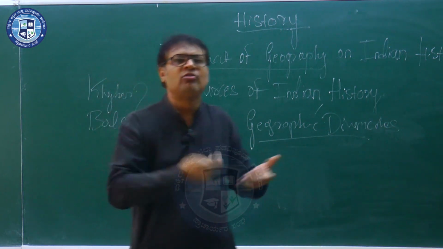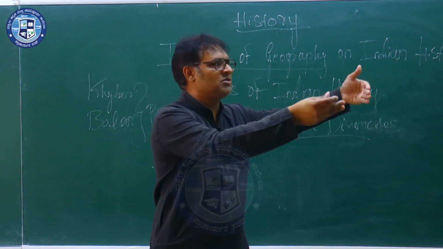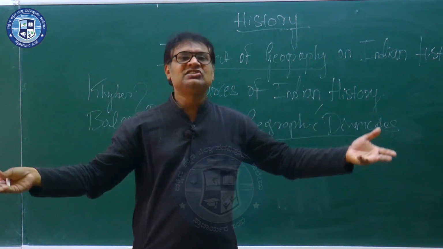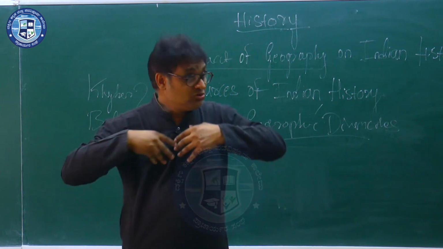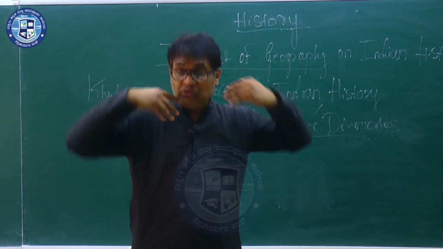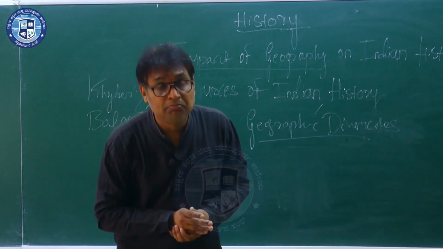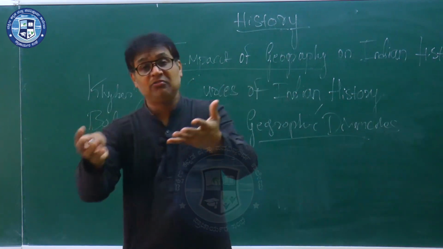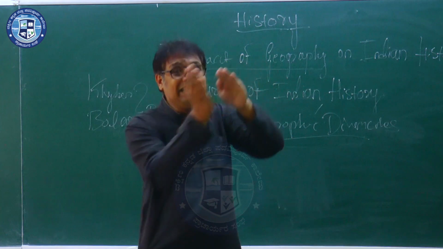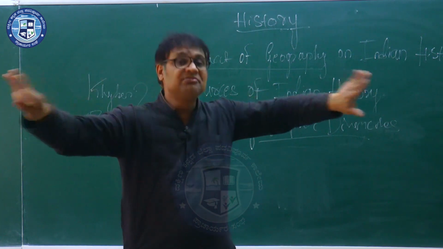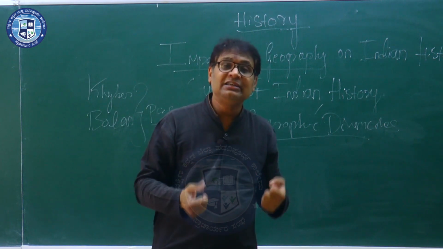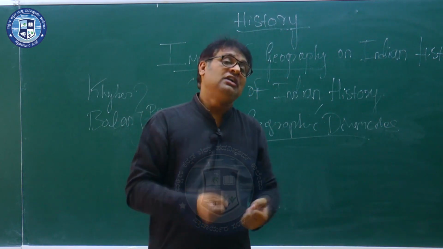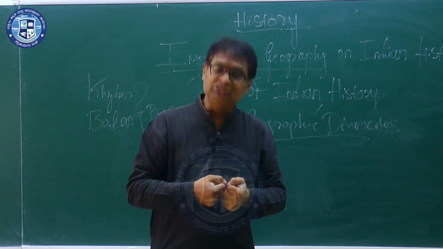You know the meaning of flora and fauna: different types of trees and plants, and thousands of types of animals and birds. Different climatic conditions caused different types of flora and fauna. This is the speciality, the diversity of our Indian geography.